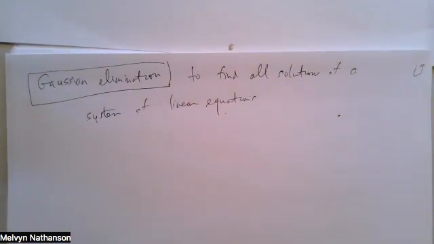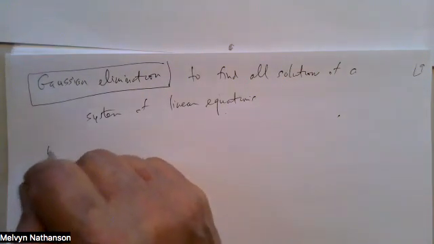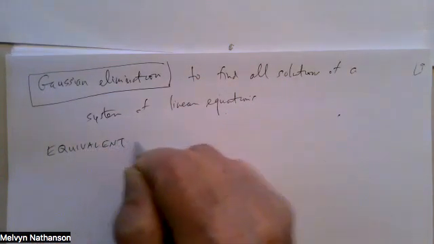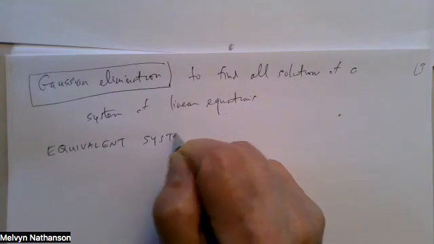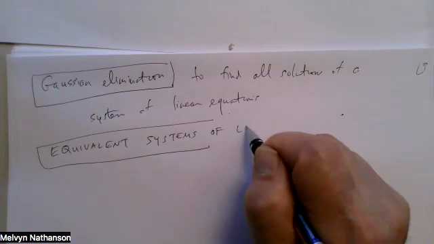So Gaussian elimination finds all solutions of a system if there's a solution, and tells you if there is no solution. So we start with the notion of equivalent systems of linear equations.